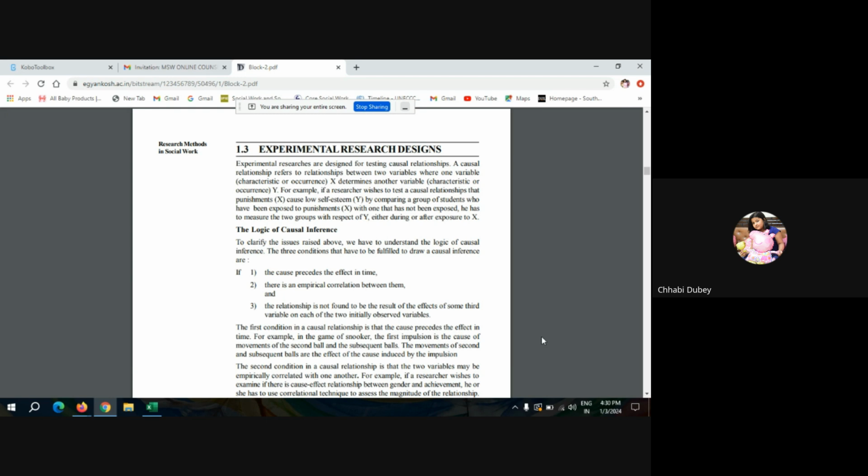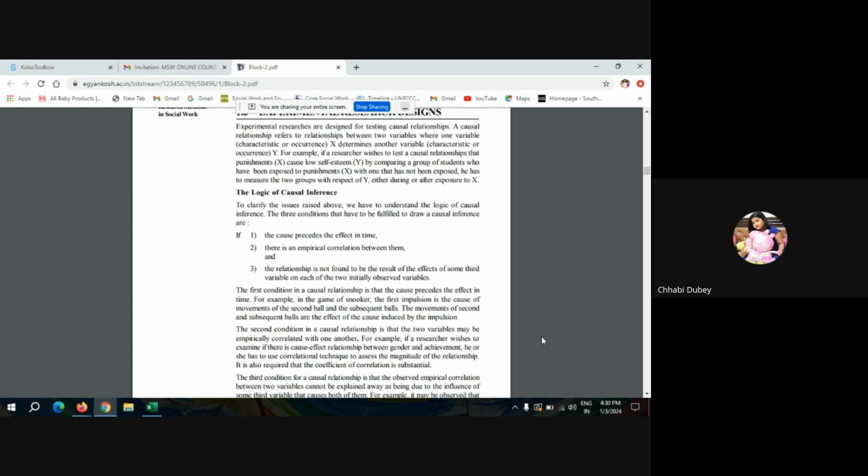Now, the first condition in a causal relationship is that the cause precedes the effect in time. For example, they have given the example that in a game of snooker, the first impulsion is the cause of movement of the second ball and the subsequent balls. If you have played snooker, you know how the game is played. So the movement of the second and the subsequent balls is the effect of the cause induced by the impulsion.